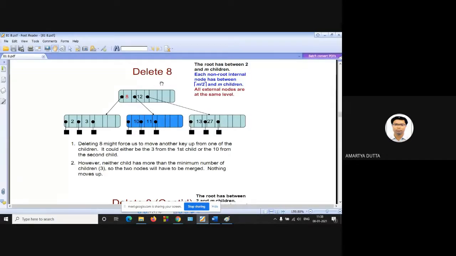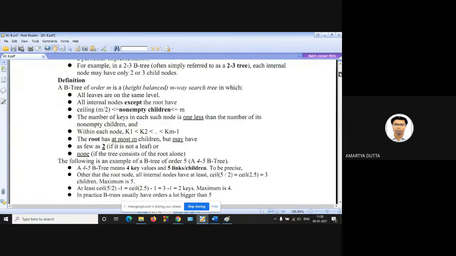Delete 8. The rule is that the root has at most m children but may have as few as 2 if it is not a leaf.